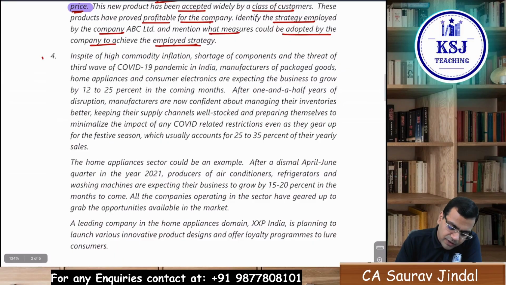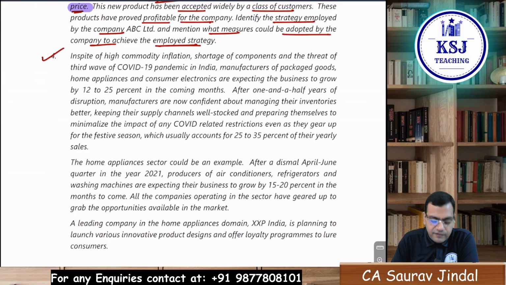Question number 4. In spite of high commodity inflation, shortage of components, and the threat of the third wave of the COVID-19 pandemic in India, manufacturers of packaged goods, home appliances, and consumer electronics are expecting the business to grow by 12 to 25% in the coming months.